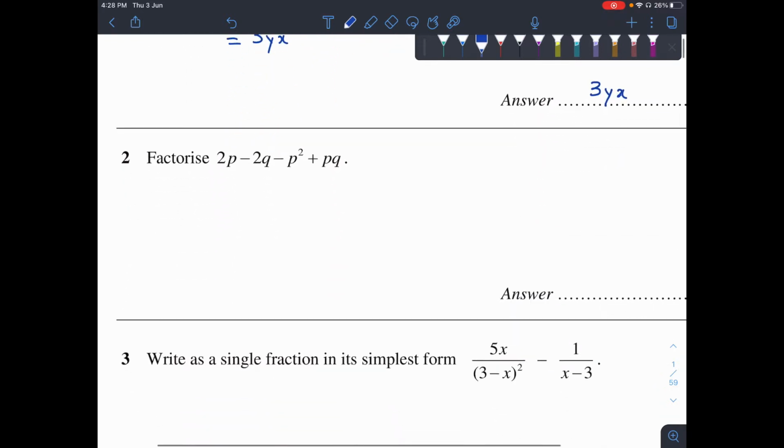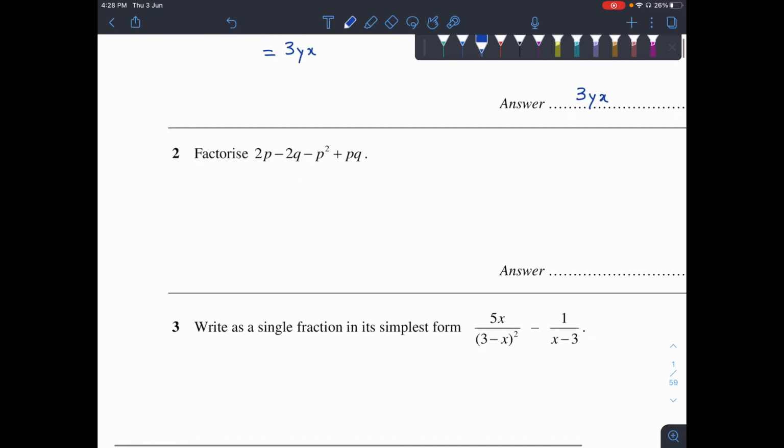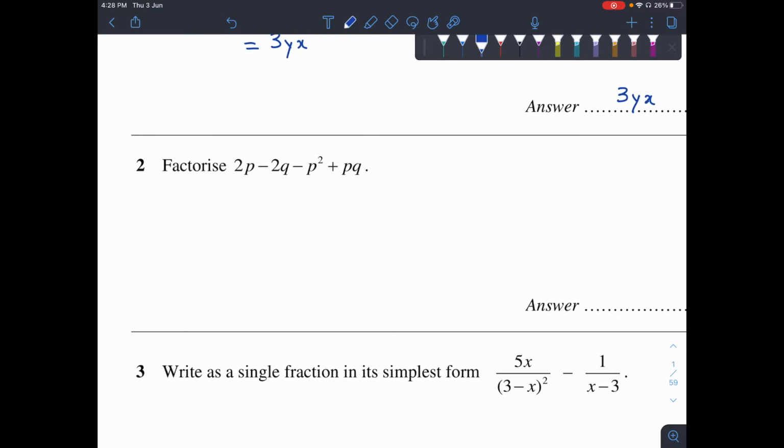Okay, so the next question is to factorize 2p minus 2q minus p squared plus pq. So the first thing you want to do is to take out common factors. So for example, the common factor of 2p minus 2q is 2. So what you do is that you copy the rest like this. Okay, and then the next common factor for minus p squared plus pq would be a minus p.